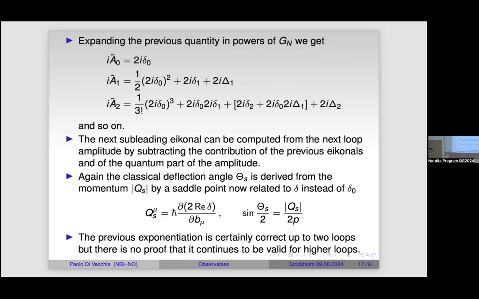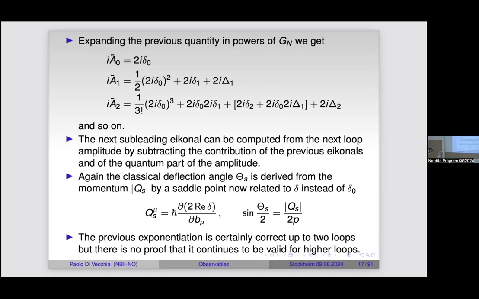So if you expand at order G, you get this amplitude that gives directly the eikonal. At order G squared, you get this amplitude. Then you get a term which goes like 1 over h bar squared, and then a quantum term, of order h bar to the 0. The term 1 over h bar is the next-to-leading eikonal.